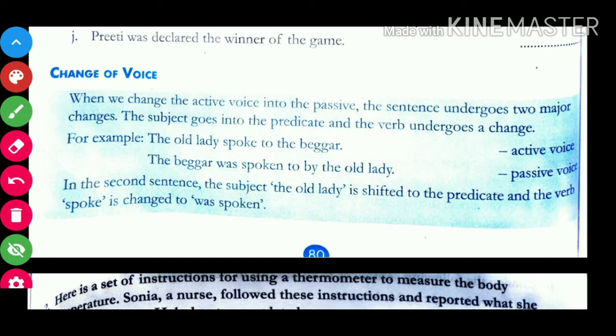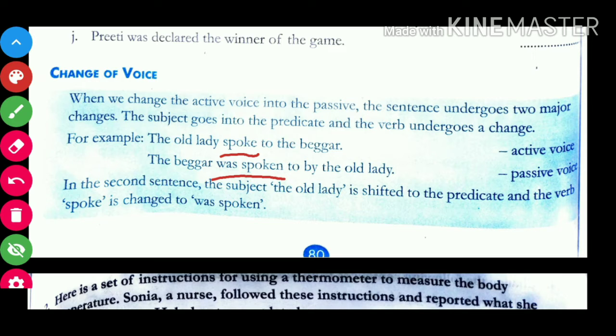And spoke वाला जो verb है ये हमारा simple past tense है. change किस में हो गया, was spoken. that means passive voice में जाके was were taken वाला जो example दिया था same इधर was spoken.